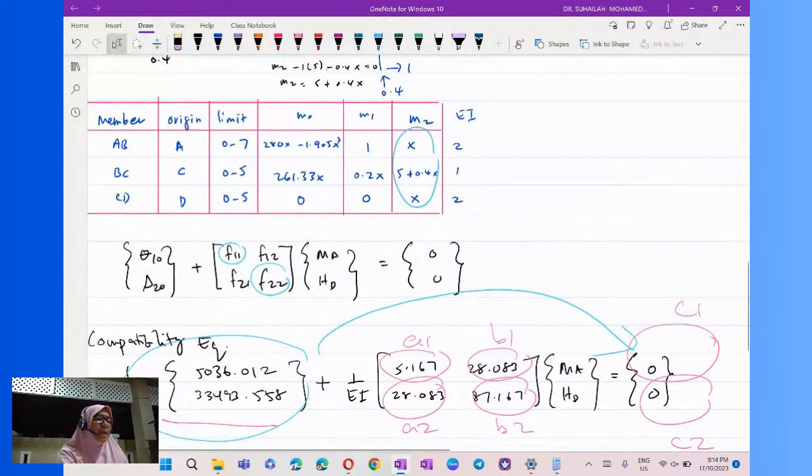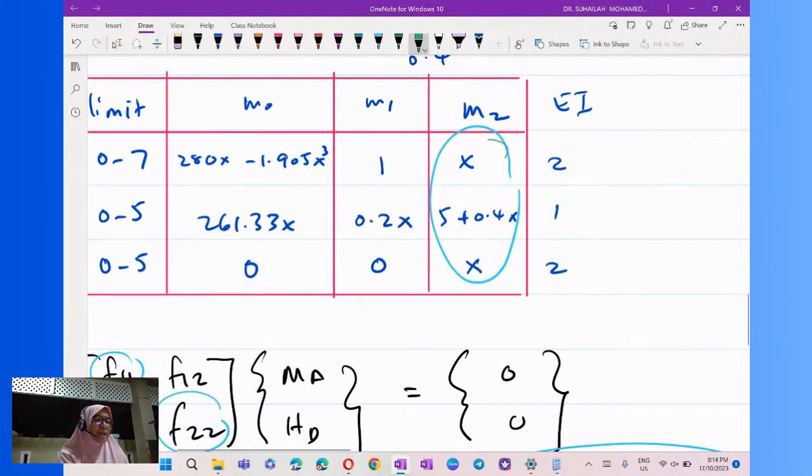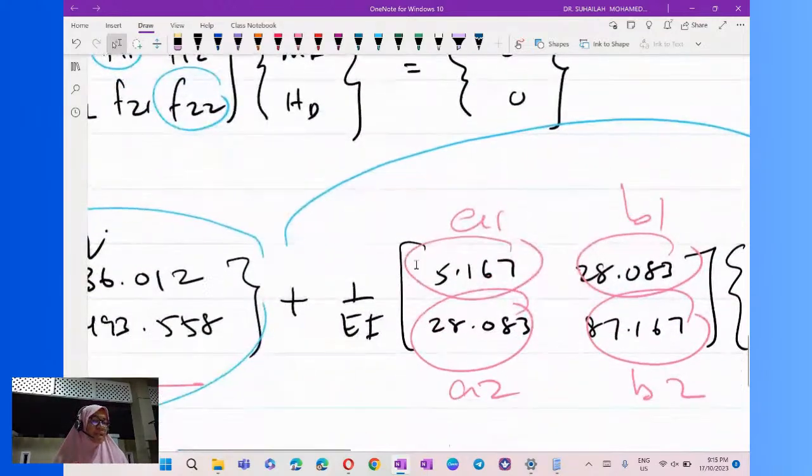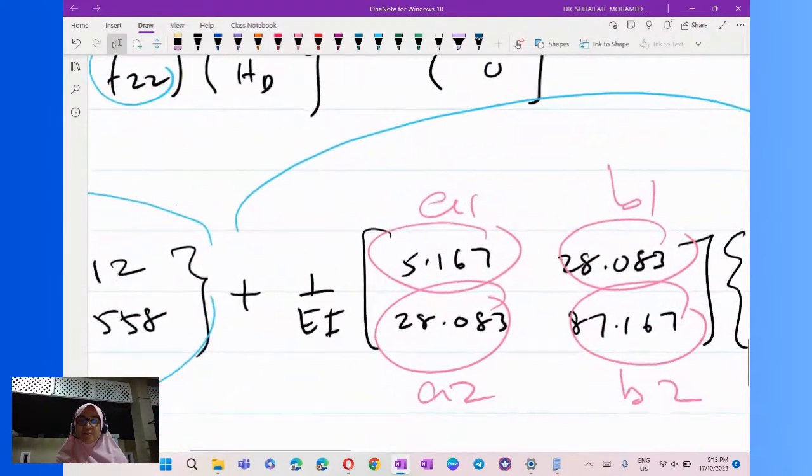You have to plus all this, yeah. You have to plus this and this and this. Tadi keluar syntax error tu. Ashraf kata kalau include member CD, value dia 99.667, isn't it?